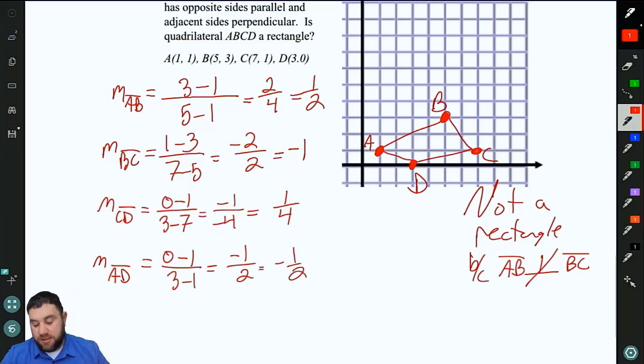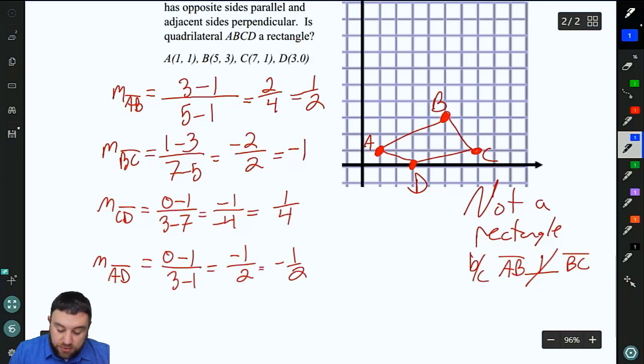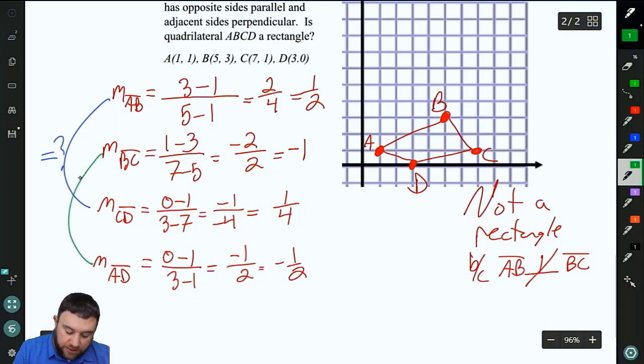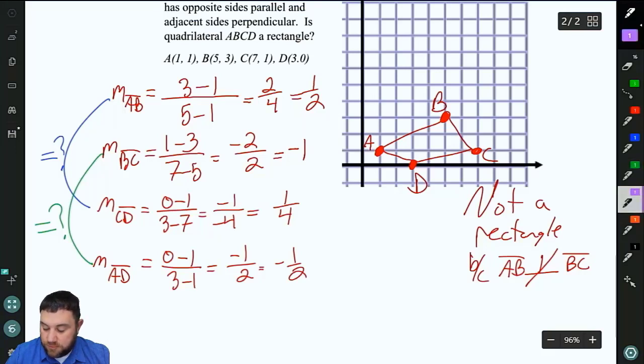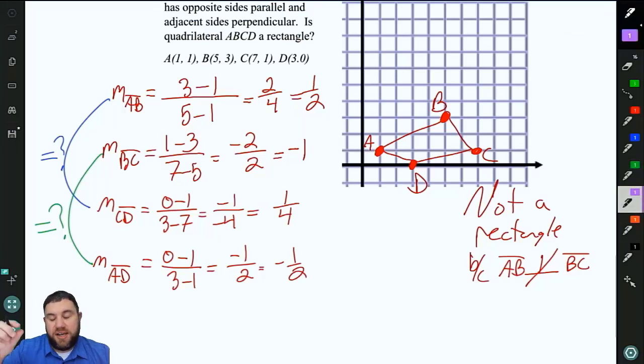And you can see here, none of our slopes are the same. So none of our sides can be parallel. None of them are opposite reciprocals, so none of our adjacent sides are perpendicular. But I'll point out what we would want to check. We want to check these two and see if they are parallel. We want to check these two and see if they are parallel. Then we want to check every pair that's together to see if they are perpendicular.